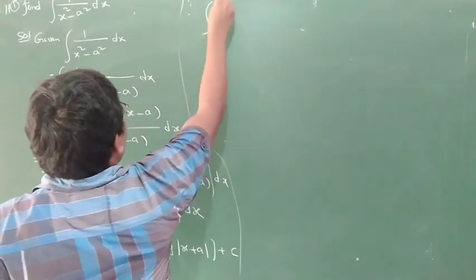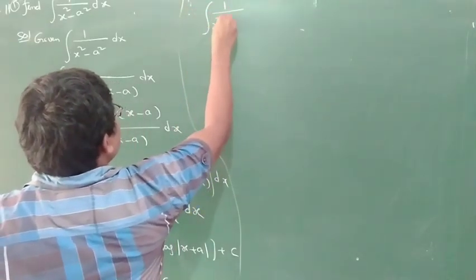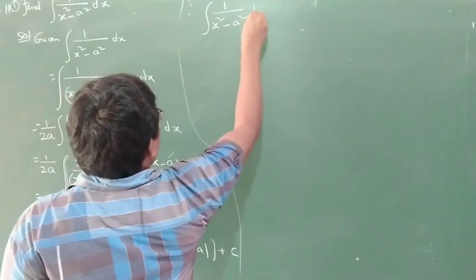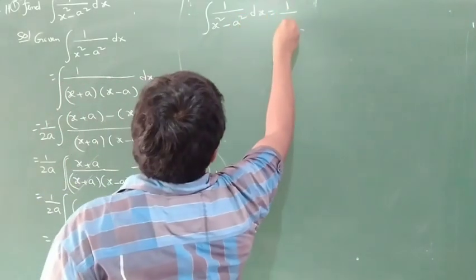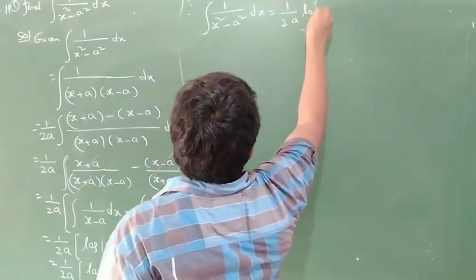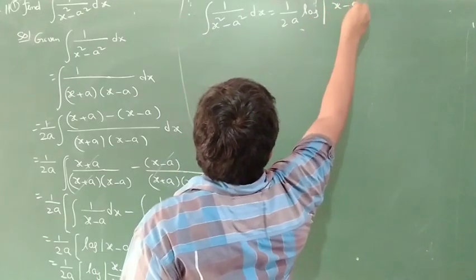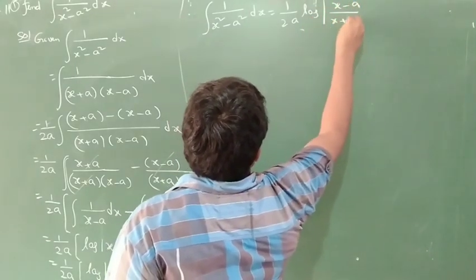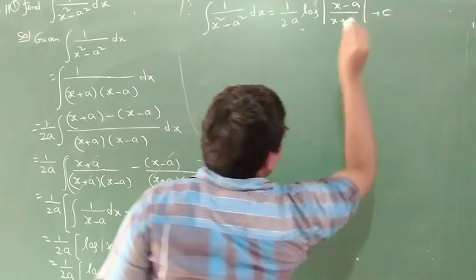Therefore, integral 1 by x square minus a square dx is equal to 1 by 2a into log mod x minus a by x plus a plus c.